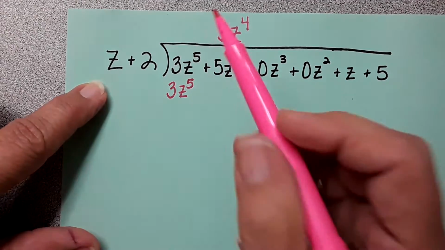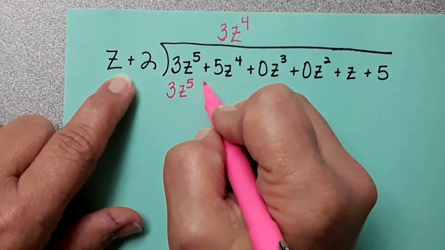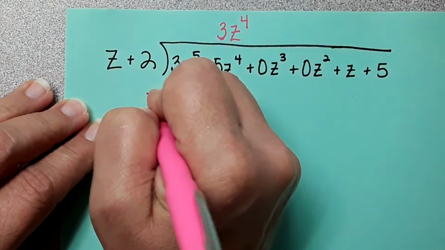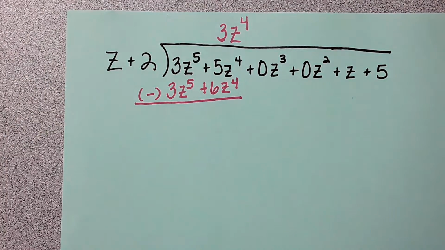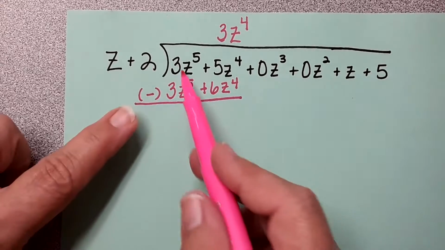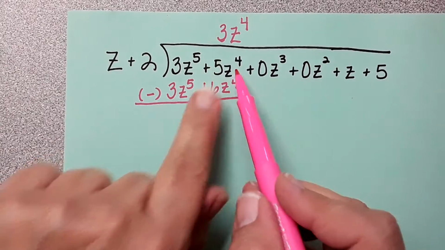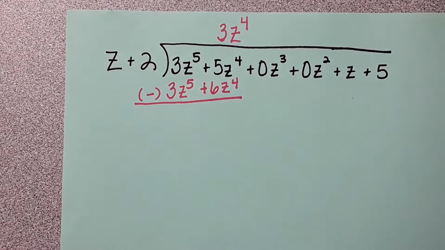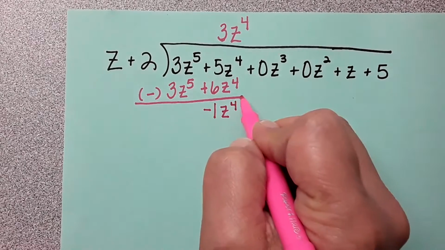And then you have to multiply it again. 3z to the 4th times 2 is positive 6z to the 4th. And we're going to subtract, just like we would if it was regular division that we learned in elementary school. 3z to the 5th minus 3z to the 5th, it disappears. 5 minus 6z to the 4th is negative 1z to the 4th.